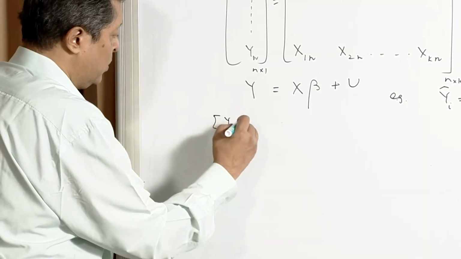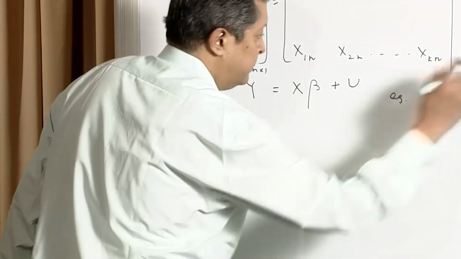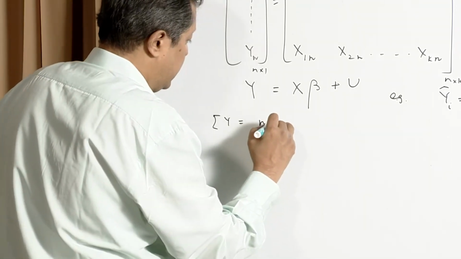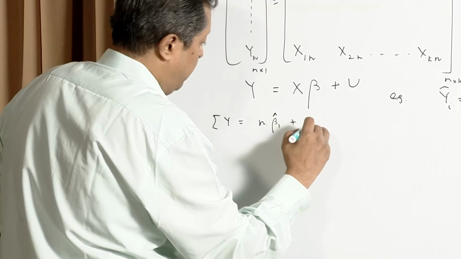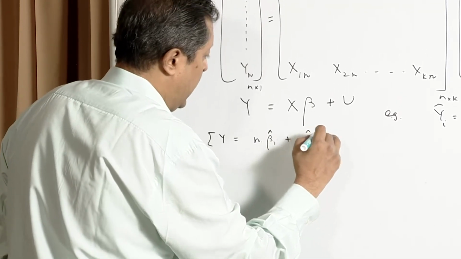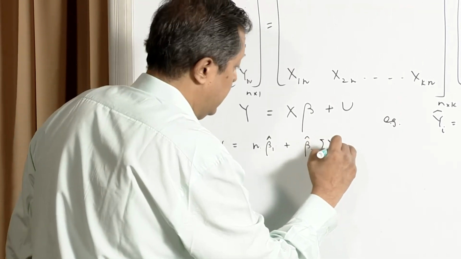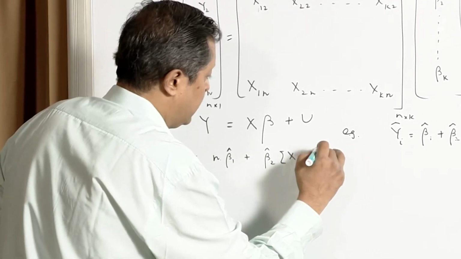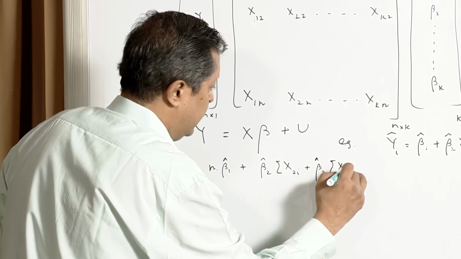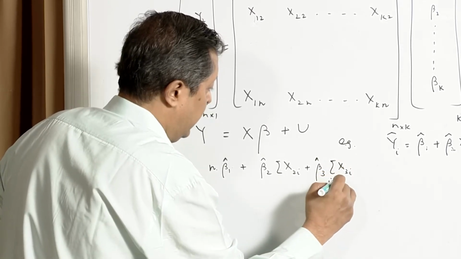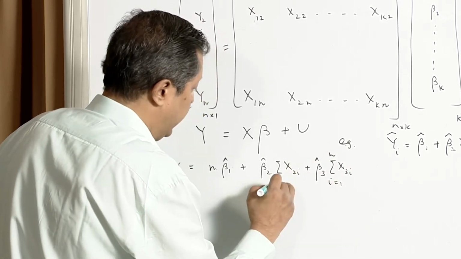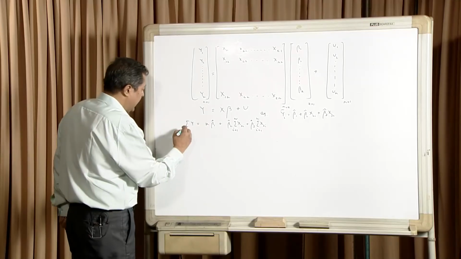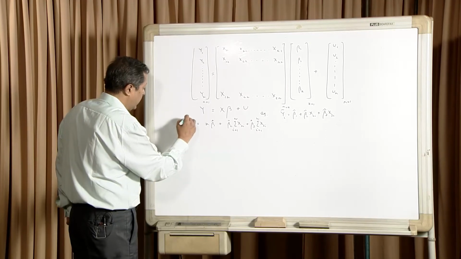We write summation y and we sum. So, we get n times beta 1 hat plus beta 2 hat summation x2i plus beta 3 hat summation x3i, i running from 1 to n. That is why you have n, and here you have i going from 1 to n.